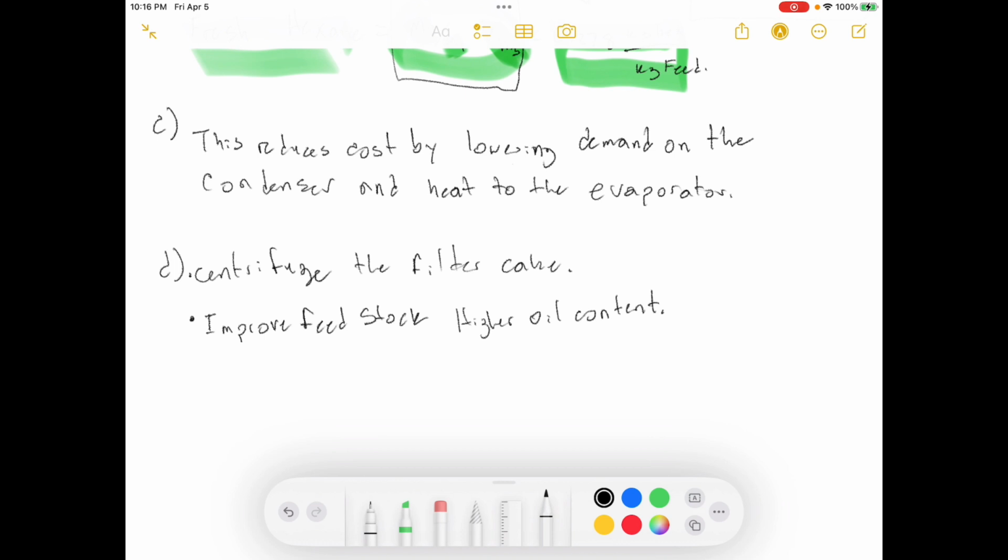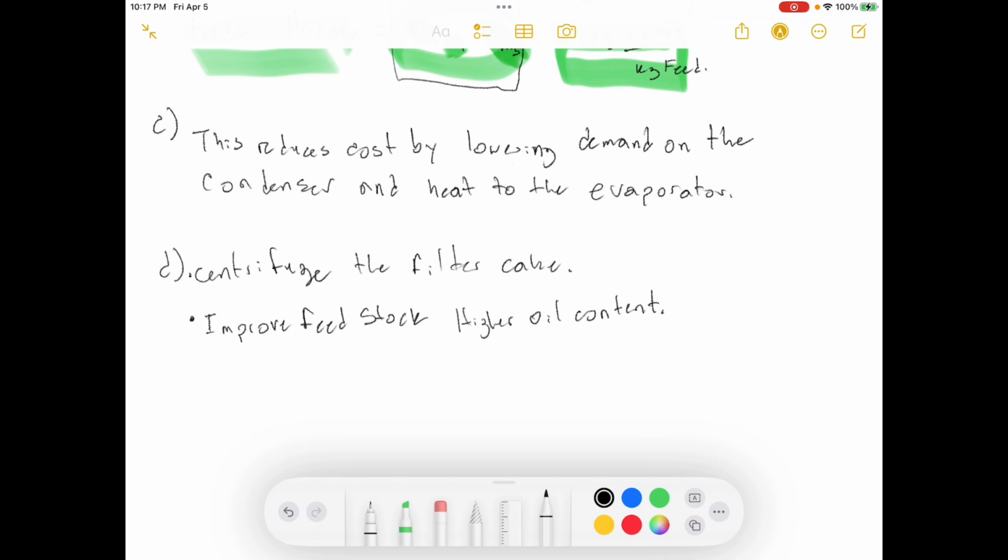Another thing that you could do is improve the feedstock. So the amount of oil that's in these beans is only 13%. That's pretty low, maybe. I'm not very familiar with the bean oil content, right? I'm not a connoisseur of that sort of thing, but we've got only 13% oil inside of these beans.